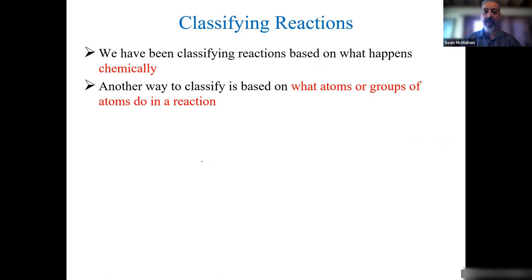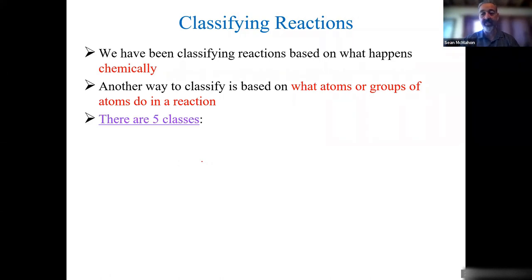So a way to identify the type of reaction that takes place is looking at the groups. Okay, earlier I said, whenever you see a neutralization reaction, that's an acid and a base producing water, you should balance the H pluses and OH minuses. Well, what did I do? I looked at the group of atoms to help me classify it, to make it easy for me to identify the reaction. Well, that's what we got to do.